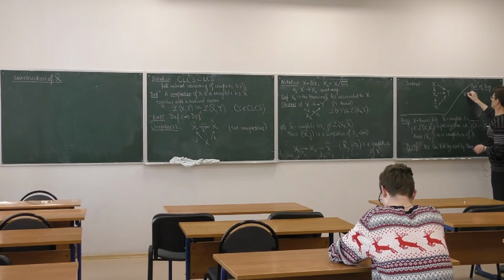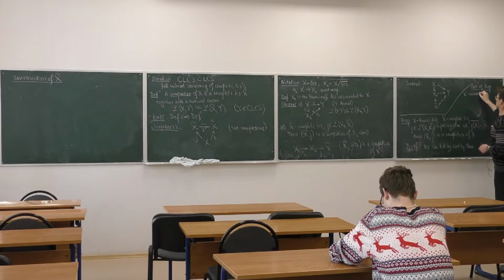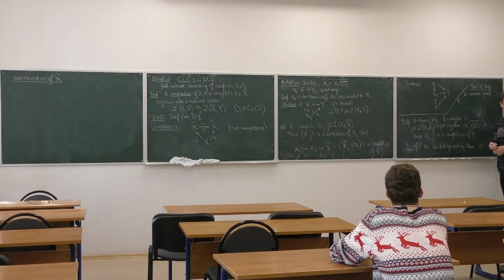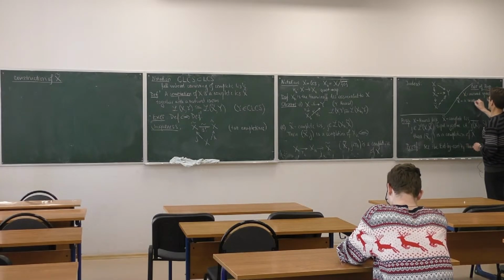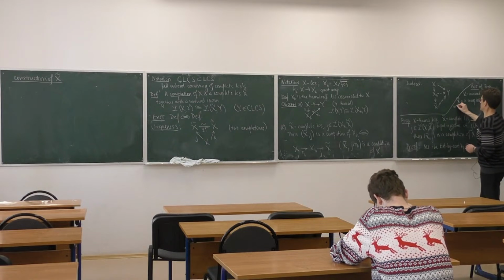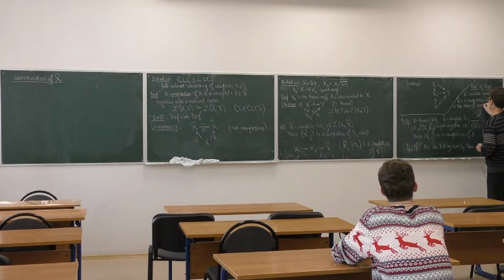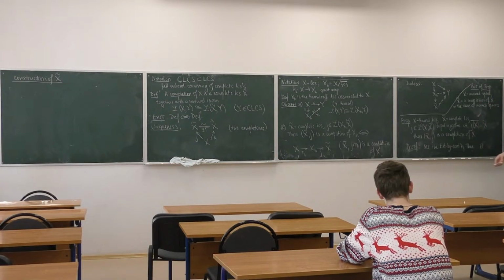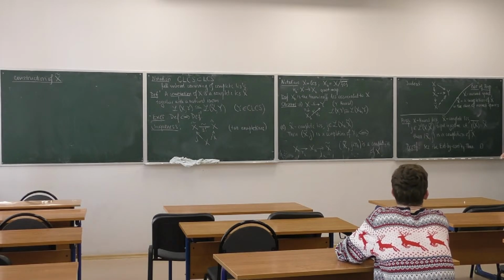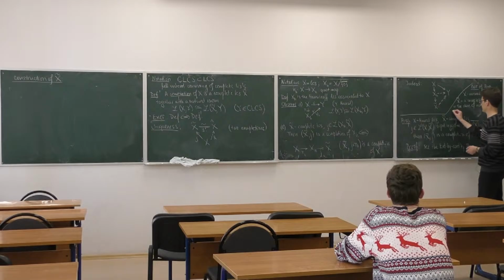Namely, if X is a normed space, and X tilde is a completion of X in the class of normed spaces, that is in the sense of classical functional analysis, then the same space together with the same map J is a completion of X in the class of locally convex spaces.